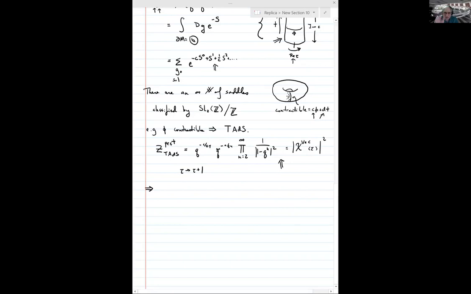Just a slightly different way of looking at this question would be that we know that the path integral that you talked about above essentially can also be written as a path integral of a product of two Chern-Simons theories corresponding to SL2.